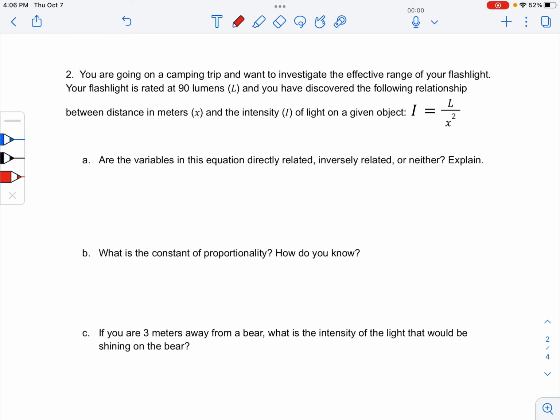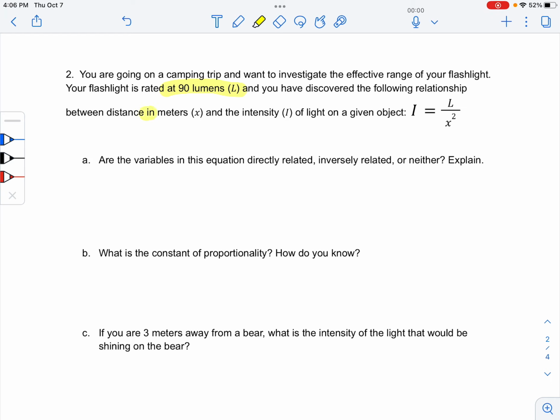Again, you want to make sure you read through this so that you have a context for our equation. One important thing out of this is that our flashlight is rated at 90 lumens. That means L is 90, always. For every question moving forward, L is 90.